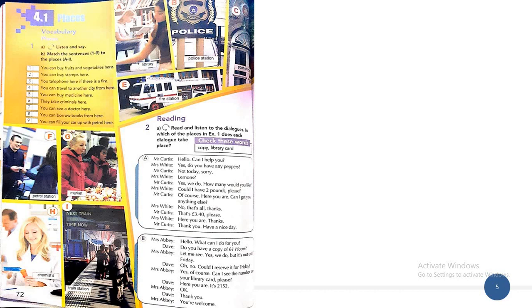Now, let's move to exercise B. Match the sentences from 1 to 9 to the places from A to I. Please take your time and try to match the places to the sentences.